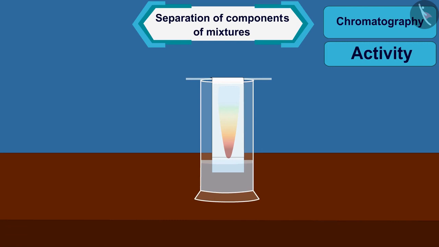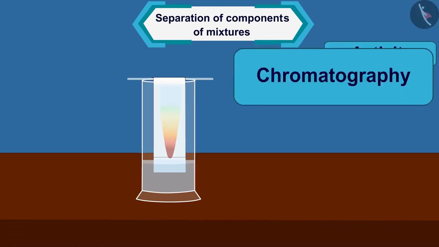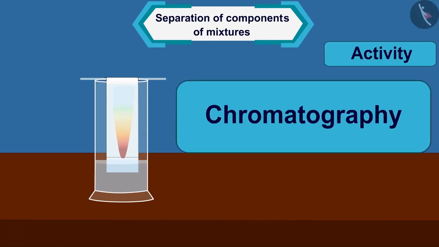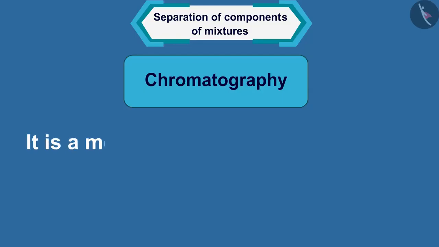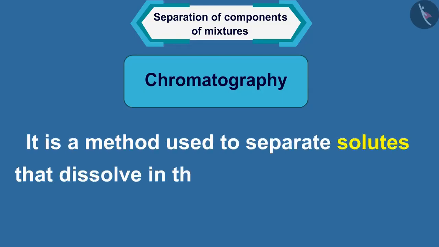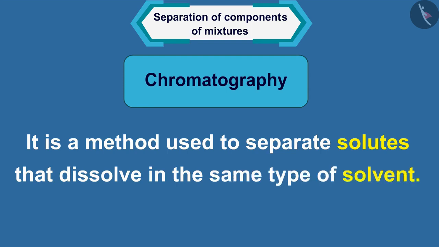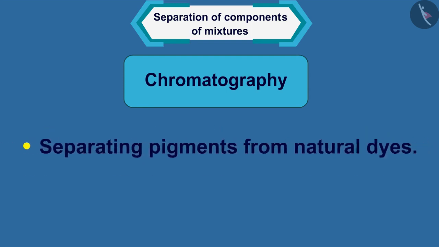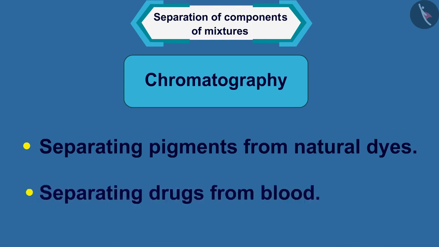This method of separating components from a mixture is called chromatography. It is a method used to separate solutes that dissolve in the same type of solvent. For example, in separating pigments from natural dyes, separating drugs from blood, etc.